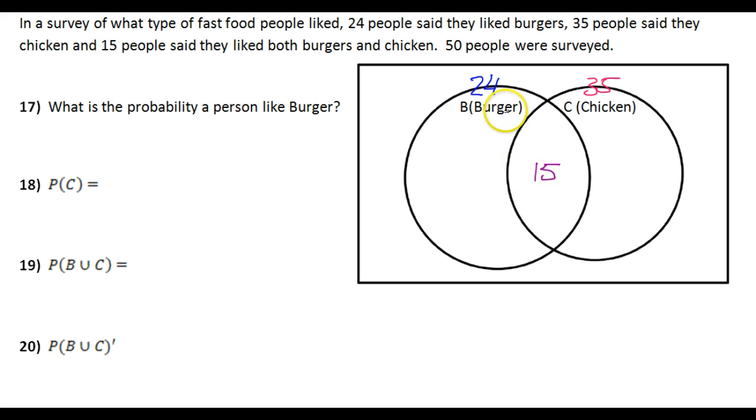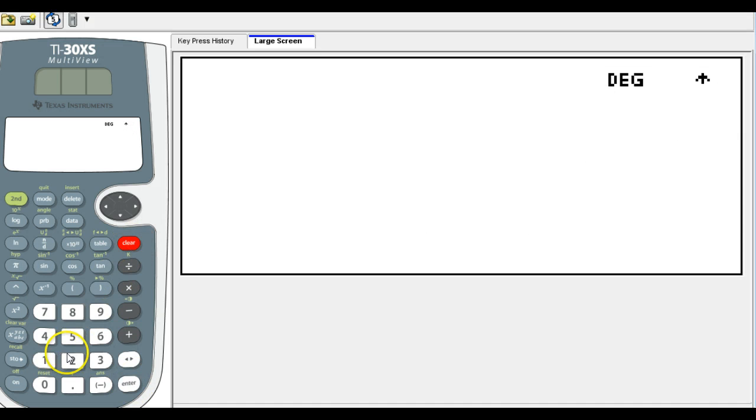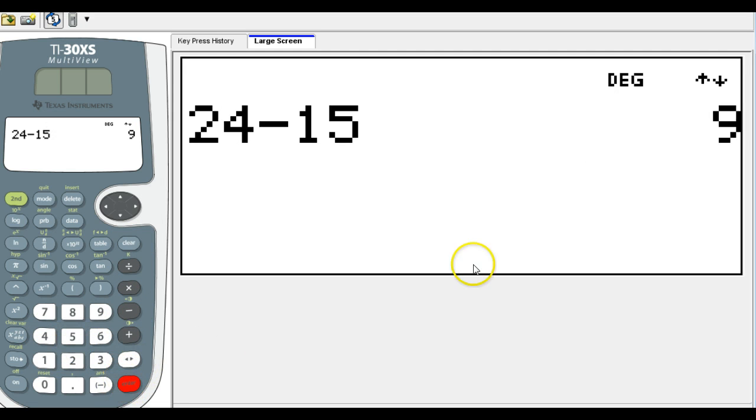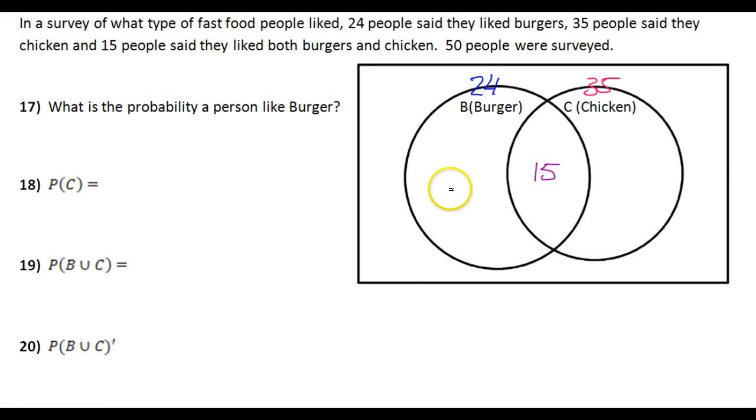So that means out of the 24 people that like burgers, 15 of those people are in this part of the circle. So how many does that leave? Well, you should be able to do this subtraction in your head, but 24 minus 15, if you need the visual, is going to be 9.